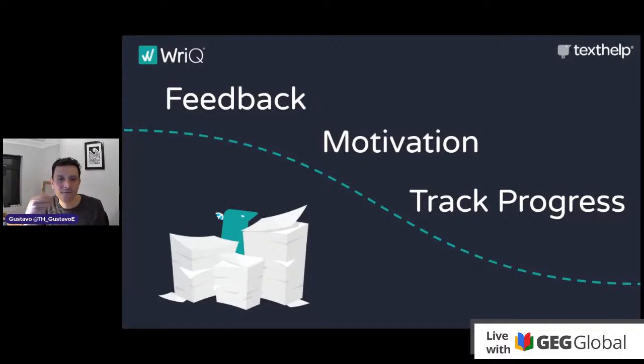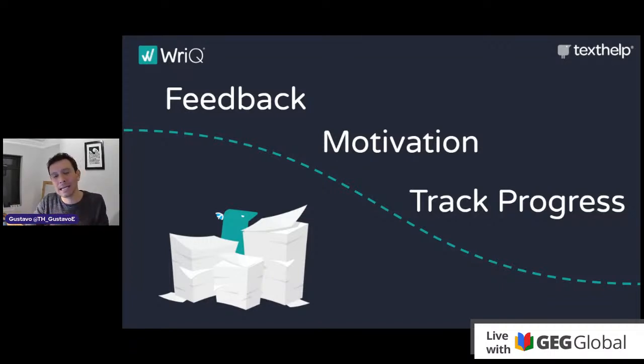And finally, I've already mentioned a few times, metrics and data. All of these things that WriQ is detecting and analyzing while you're assessing, it's doing a lot of calculations in the background, a lot of metrics that didn't exist before, and now they are going to be available automatically in a dashboard. So you're going to have a lot of information at your disposal about your students' writing.